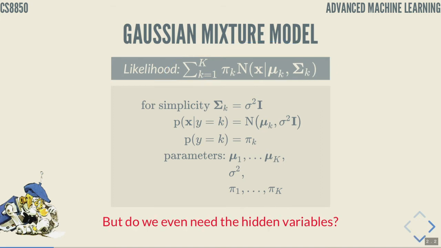But do we even need hidden variables? Do we even need to do what we've done with k-means, right? First estimate the means, and then estimate the class posteriors, I guess.